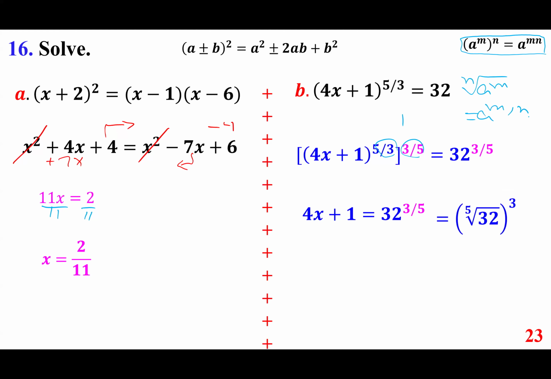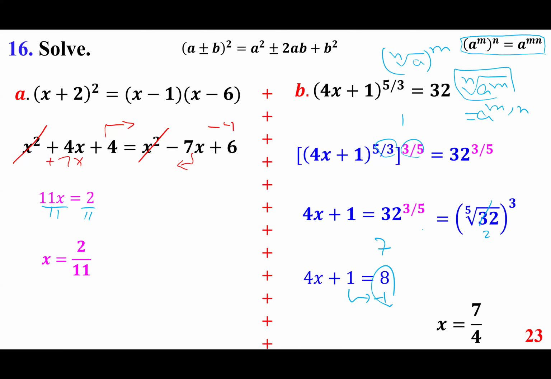Now, just in case, this is also equal to the nth root of a to the power of m, reminding you of that. Everybody should know 32, the fifth root, is 2. 2 cubed is 8. Subtract 1, you get 7, divided by 4. X equals 7/4, the final answer.